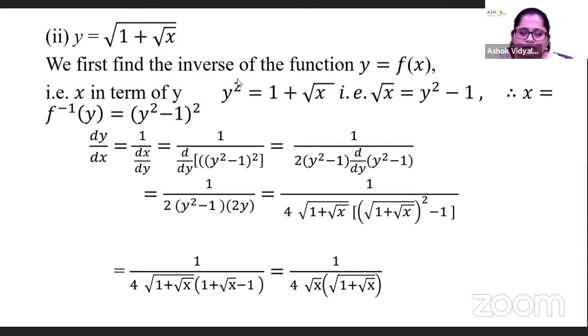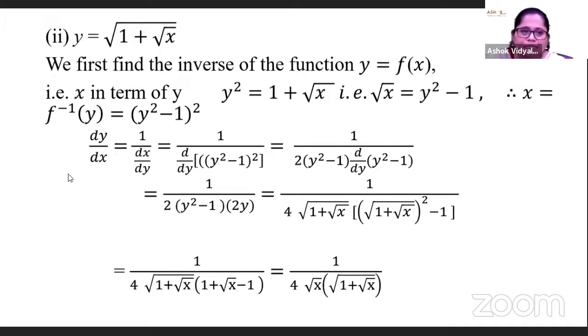Take the square on both sides. We get y square is equal to 1 plus under root x. That means under root x is y square minus 1. Therefore, x is f inverse of y, which is y square minus 1, its square.